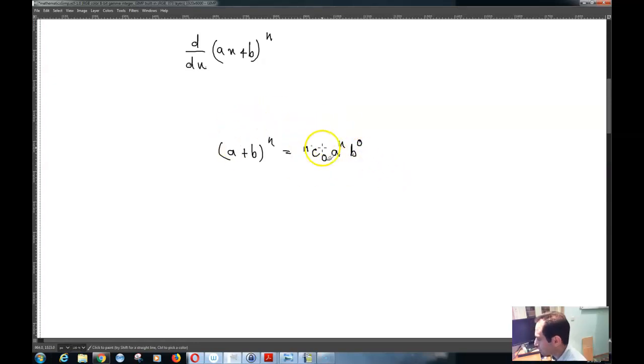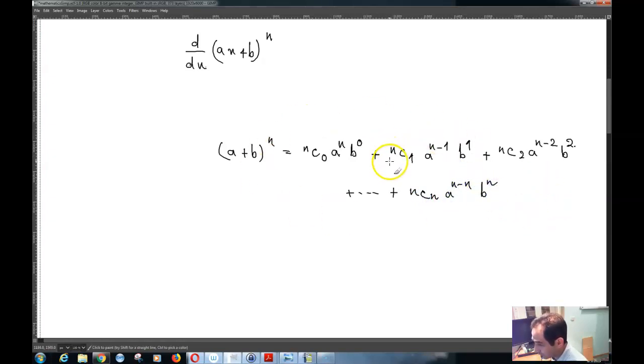I have forgotten that actually. And then you have n combination 1, a raised to the power n minus 1, b raised to the power 1, plus n combination 2, a raised to the power n minus 2, b raised to the power 2, plus all the way up to n combination n, a raised to the power n minus n, b raised to the power n, something like this.